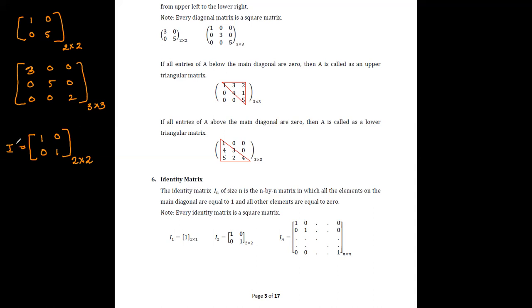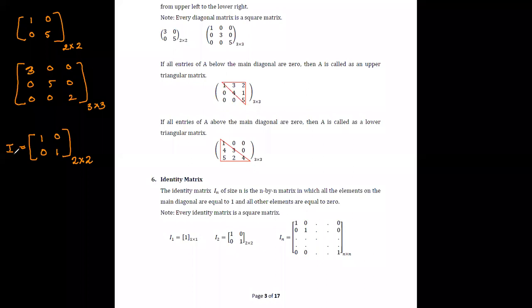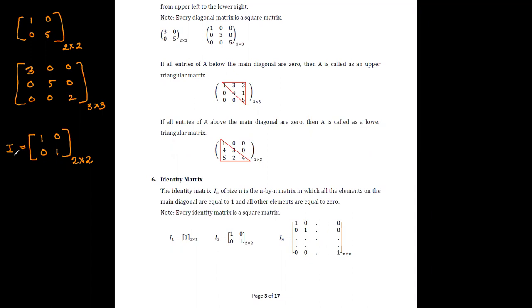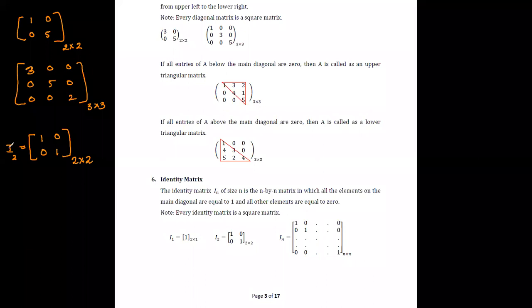Generally, we write matrices using English uppercase letters. But when you are writing the identity matrix, we write the order as well. Here we can see it is a 2 by 2 matrix. Therefore, this is I2, the second order identity matrix. It is given as 1, 0, 0, 1.